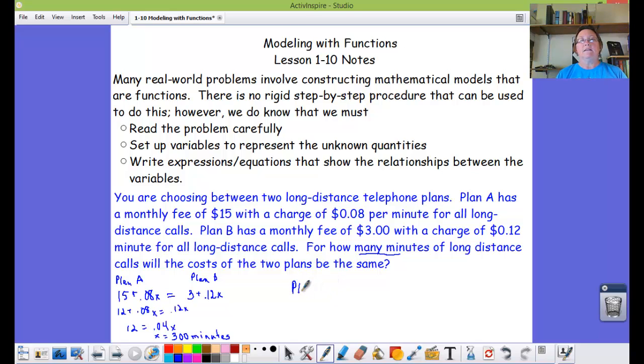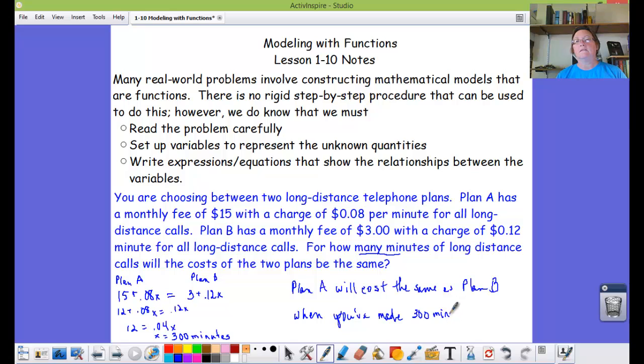So Plan A will cost the same as Plan B when you've made 300 minutes of long distance calls. There you have it. We came up with a plan, we followed through with the plan.